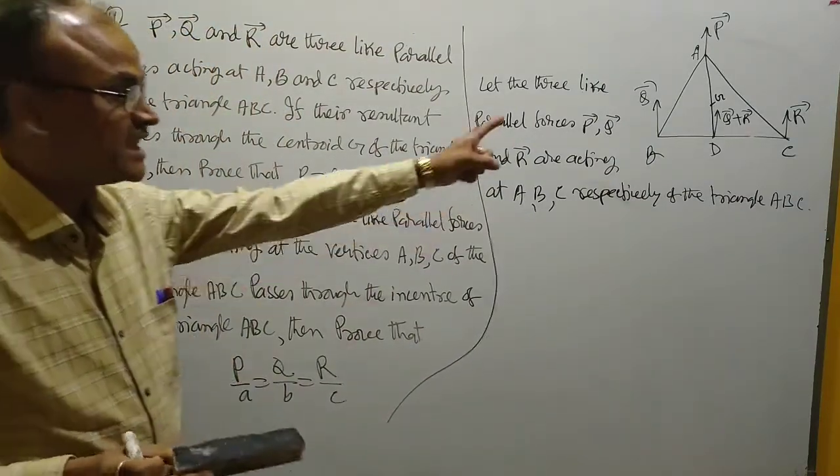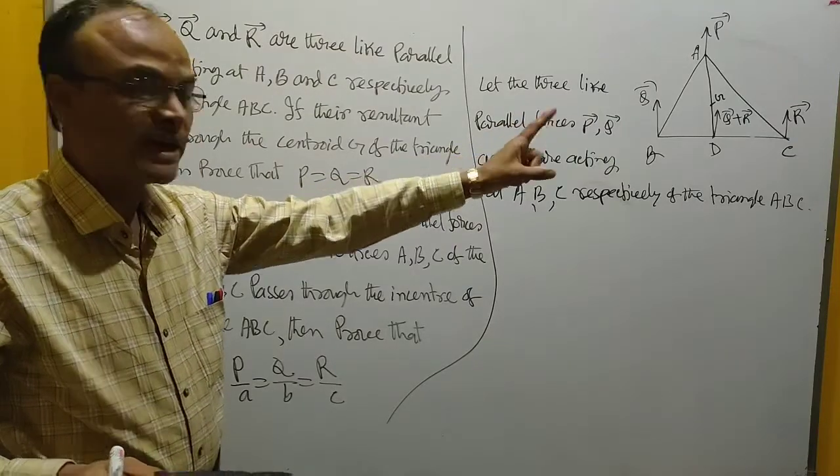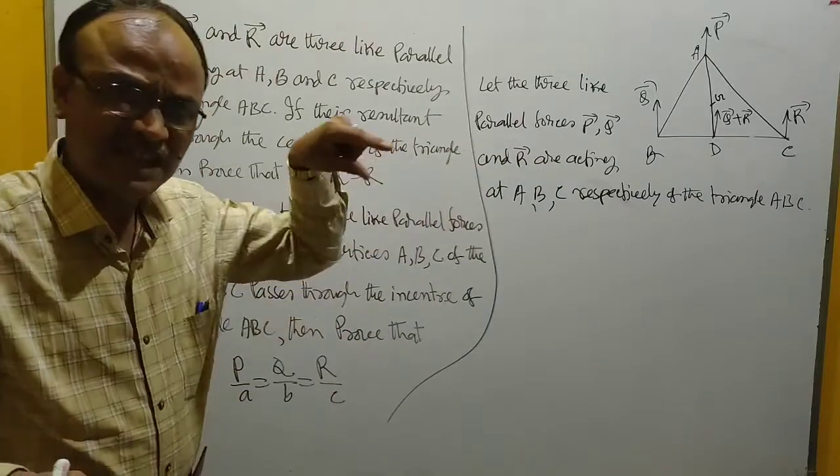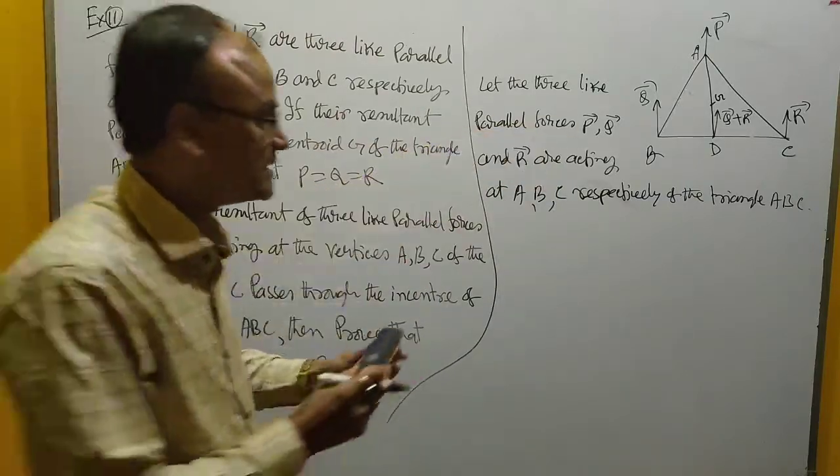Now, the resultant of Q and R acting at B and C is Q plus R. Suppose it acts at the point D of BC.